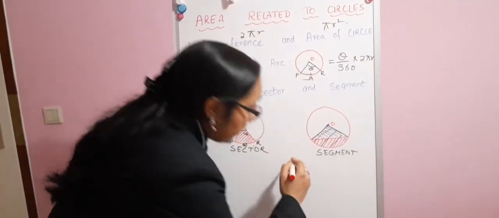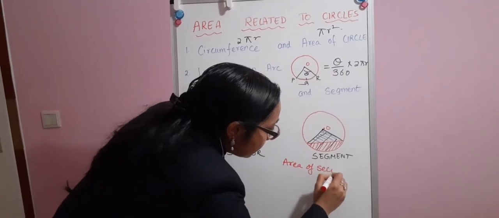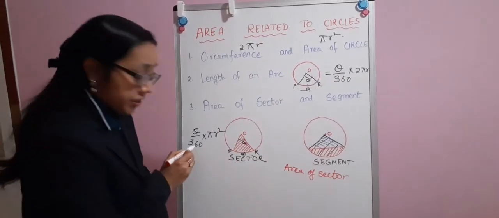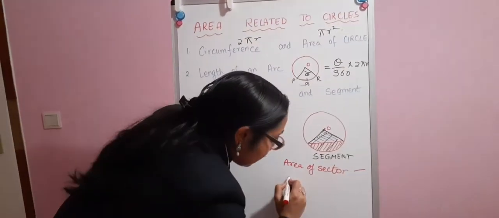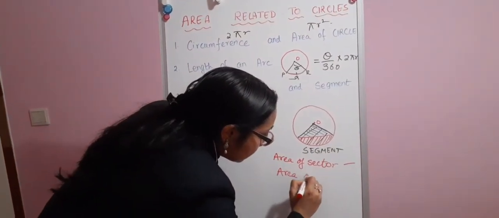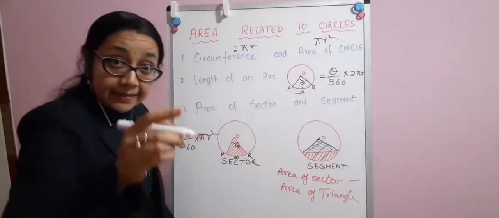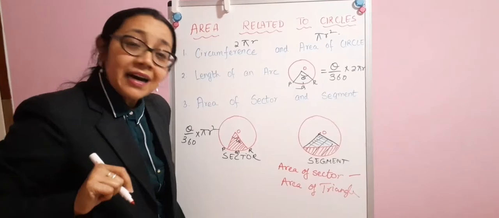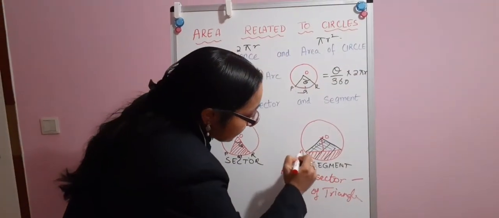The formula will be area of sector, which you already know, theta by 360 times pi r squared, minus area of triangle. What is the area of a triangle? It is half base times height. For example, this is AB.